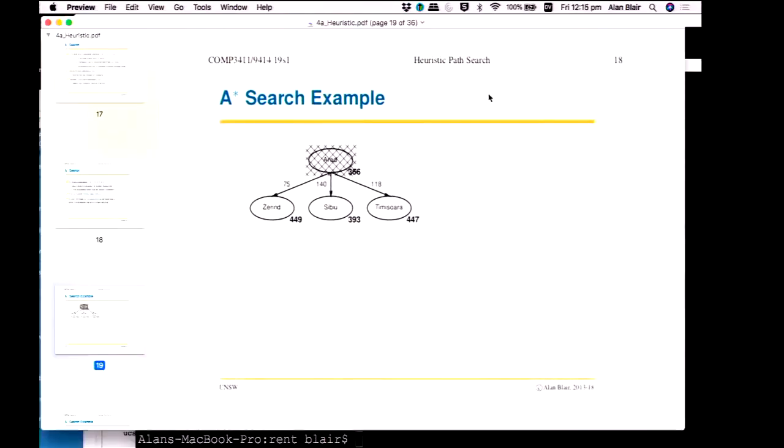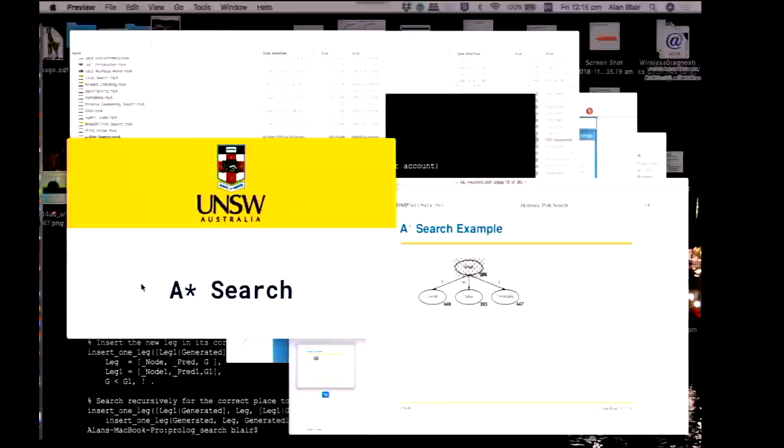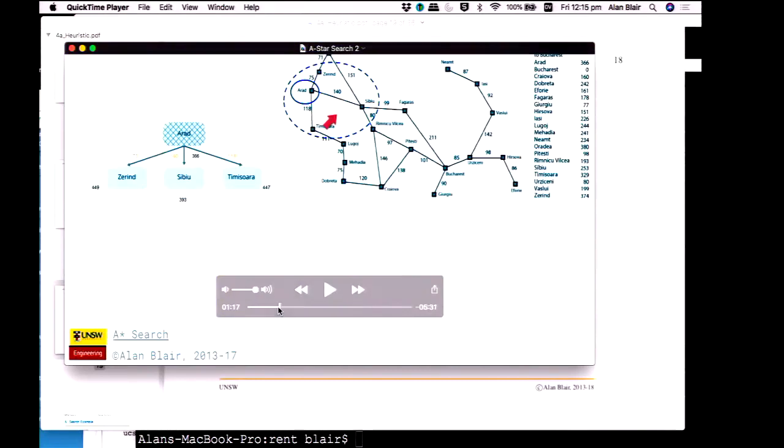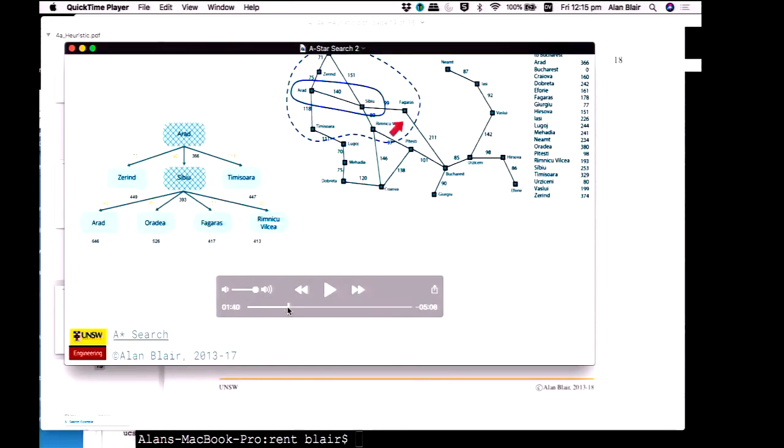So let's just look at an example of this. Okay, so here's the same point that we reach where we're trying to choose between Fagaras and Vimnicu-Vilsia.